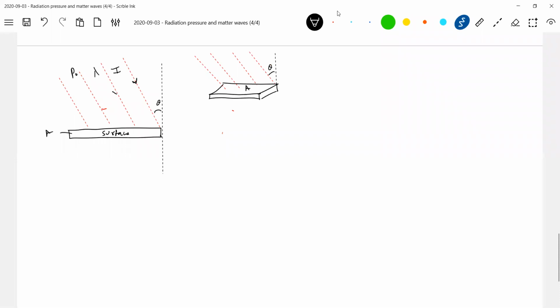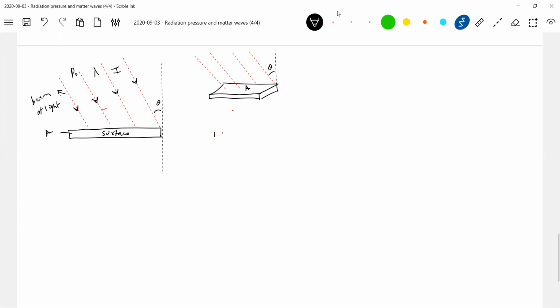How do we calculate the total force exerted by the incident beam? How do you define intensity? Power flowing normally per unit area.